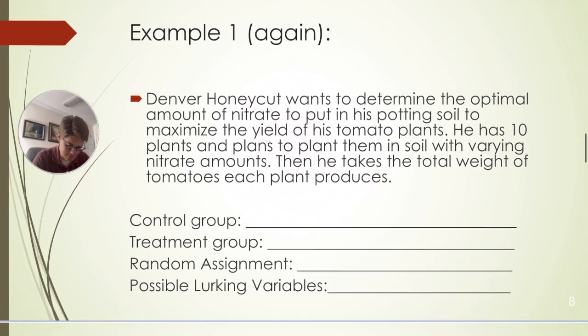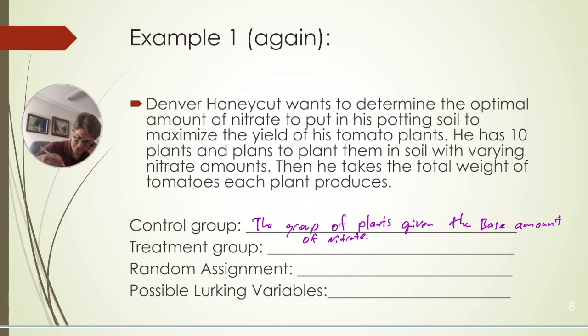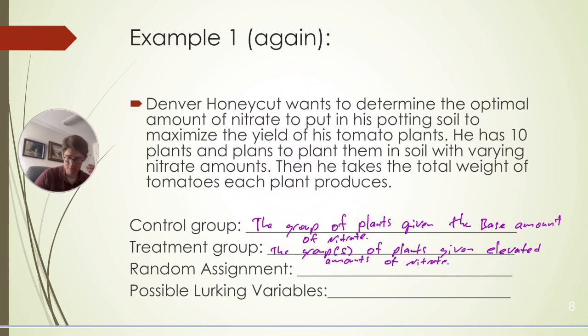Okay, let's take a look at this example again. We've got Denver Honeycutt wants to determine the optimal... Okay, so it's the same thing as before. What's the control group? The control group is going to be the group of plants given the base amount of nitrate. The treatment group is going to be the group or groups of plants given elevated amounts of nitrate.